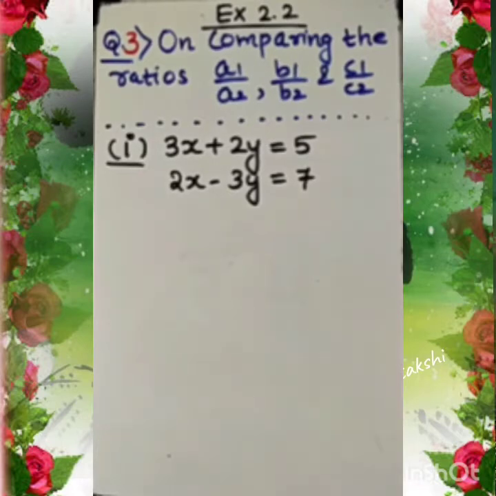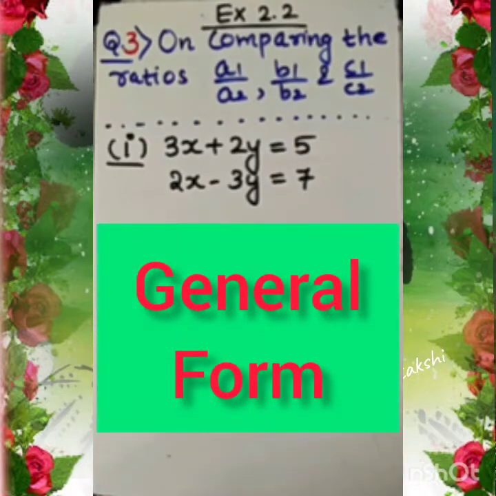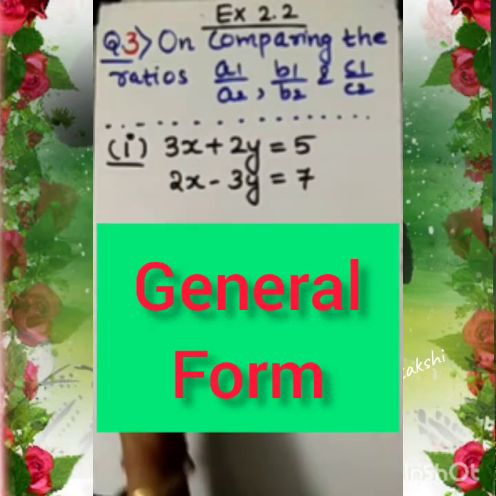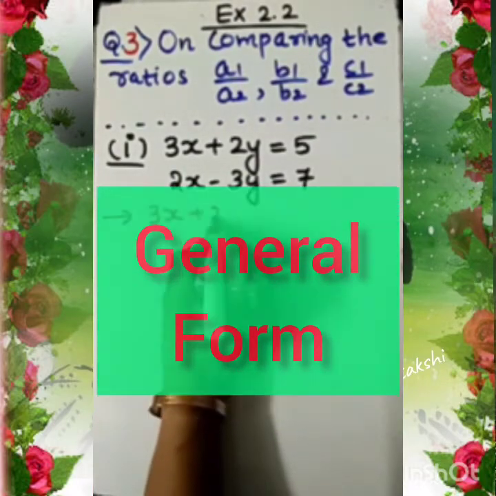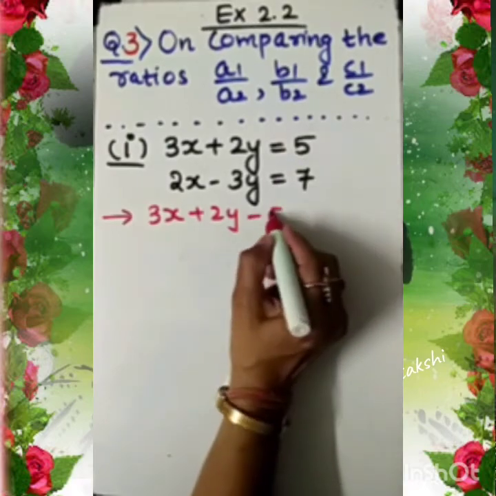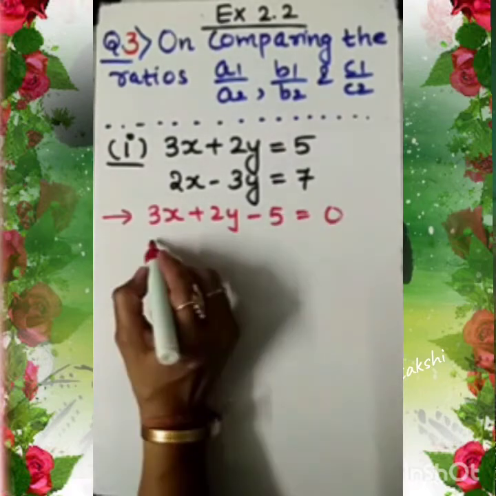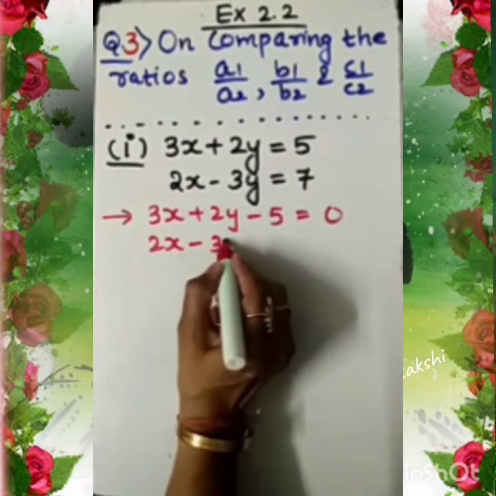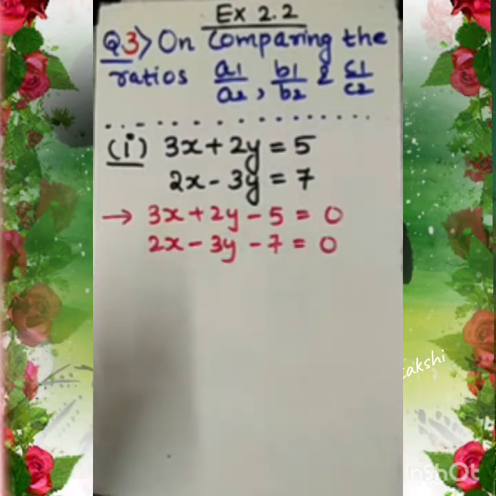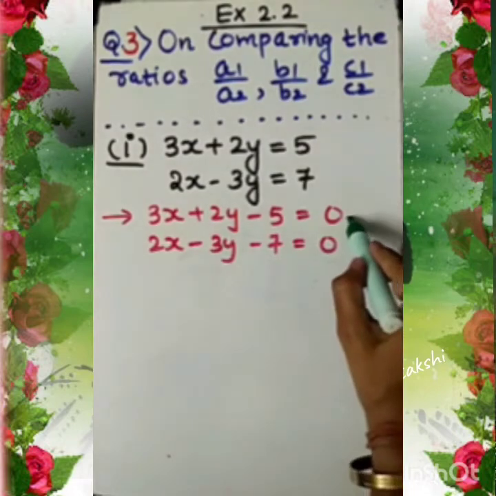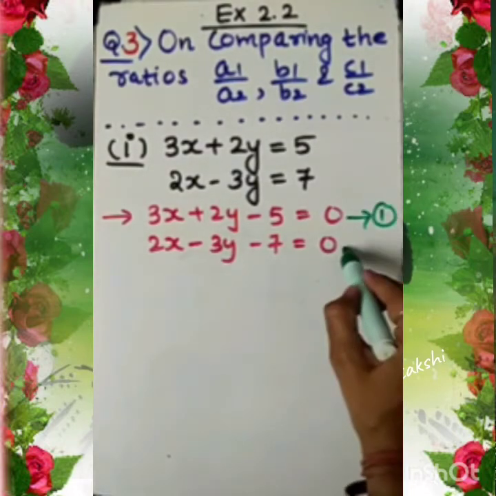My question to you is, is this linear equation in general form? No. I need to write it in its general form first, so I bring it to this side, and the second equation will become this minus 7. Now they are in general form. Let me call this equation 1 and this equation 2.